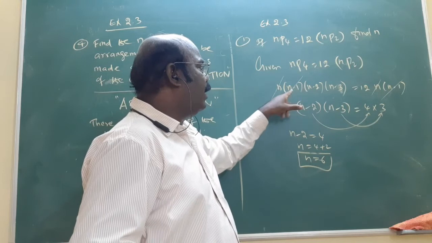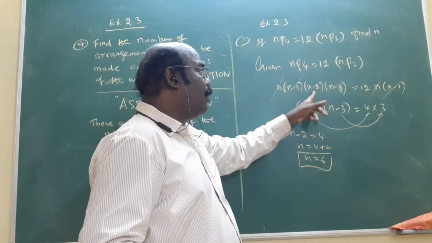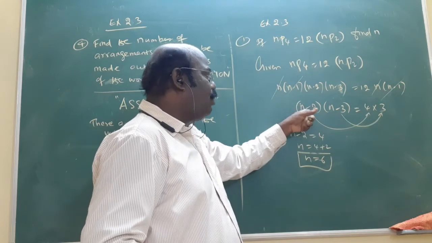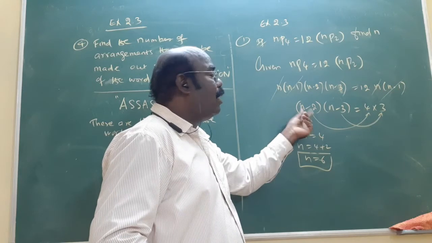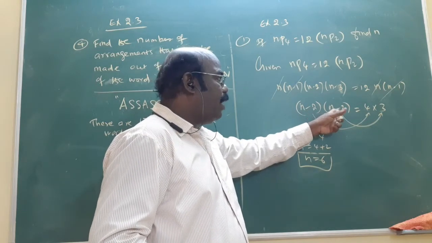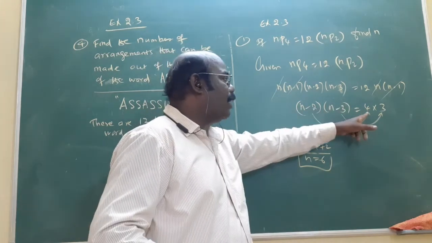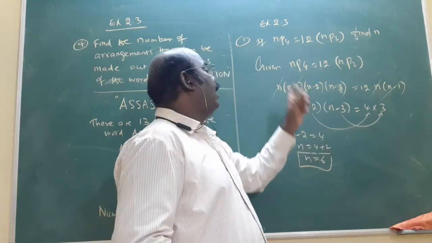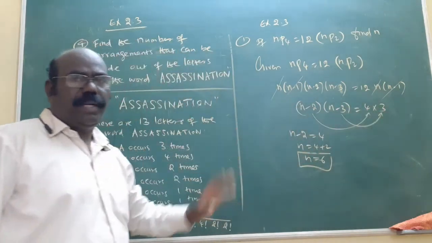Come to these 2 numbers, this is the bigger number, reduced by 1. That's why here, n minus 2, n minus 3. Out of these, n minus 2 is the bigger number, because from n you subtract only 2. But here, from n you subtract 3, no? That means a smaller number. That's why here also you write the bigger number, then the small number. Equal first to first or second to second, both answers will be equal. Definitely both answers will be equal.